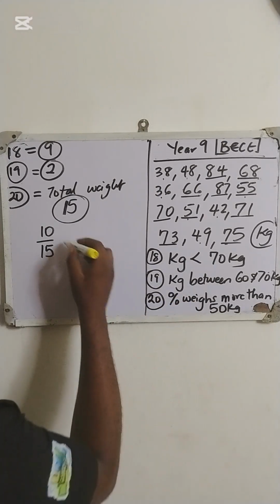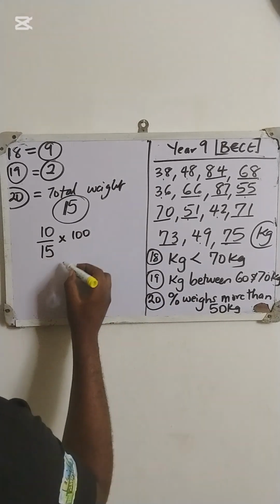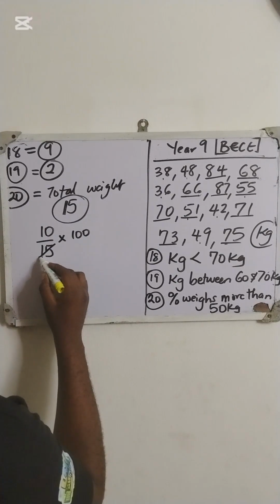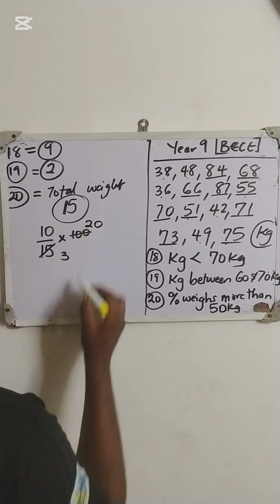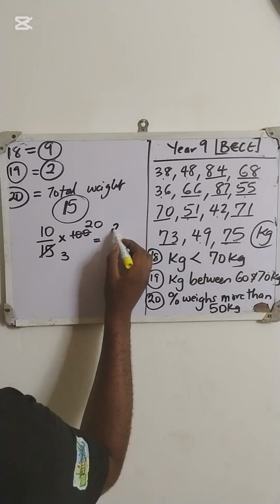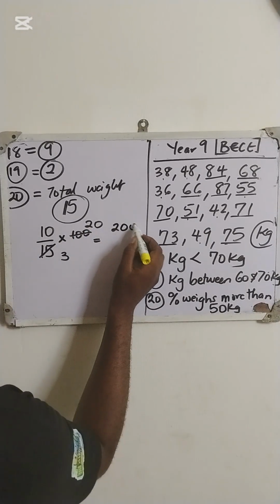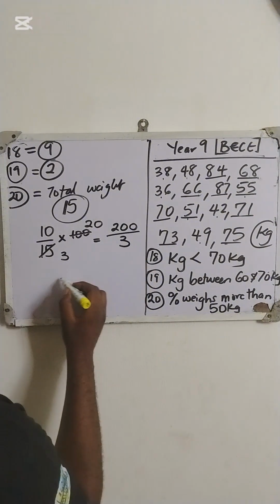They said, what is the percentage? Times 100. All right. So 5 will go here, 3. 5 will go here, 20 times. So we have 20 times 10, we have 200 divided by 3.